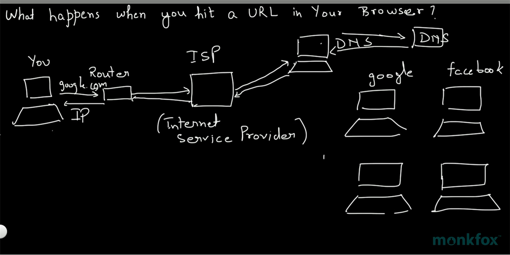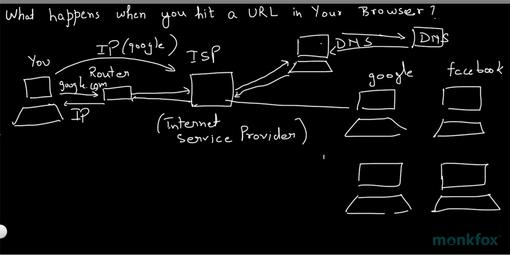And once you have the IP address, you go through your ISP. So you have received Google's IP address. You send this IP address to the ISP. Since it has the IP address, it knows which server to contact.